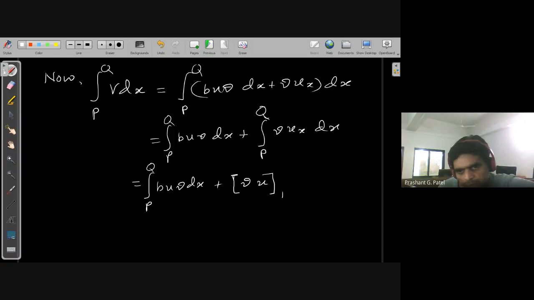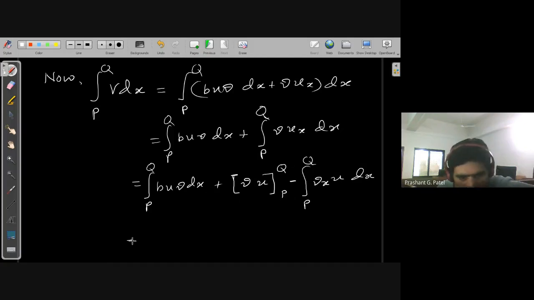The limit is from P to Q, minus the integration from P to Q of the derivative of v, that is vx, times the integration of ux with respect to x, which is u, the whole integration dx.